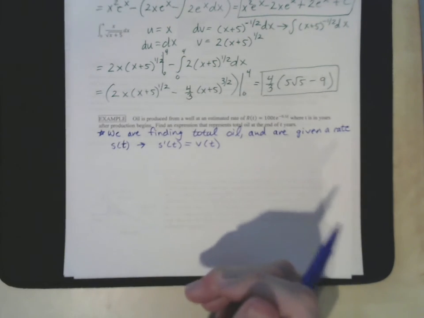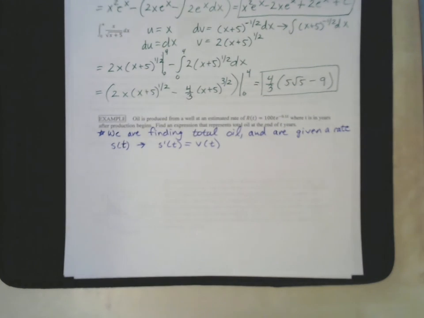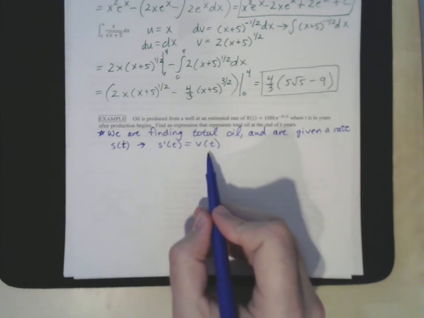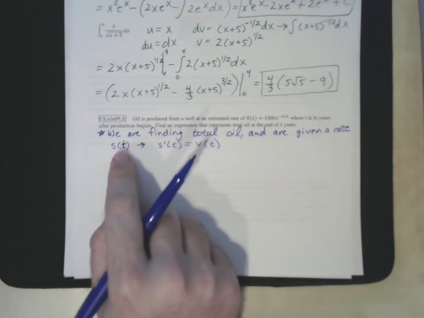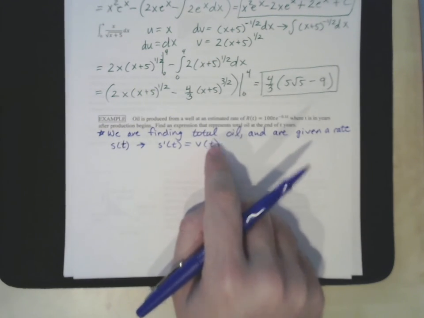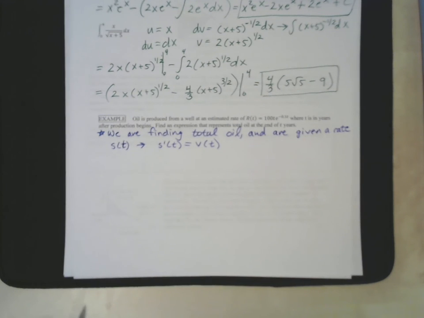Now, this can be extended to general rates of change. Remember, we extended this and we said s of t can just be any measurable thing. It's a quantity. The rate of change of that quantity is then the derivative. So we want the quantity, we want s of t, and right now we have v of t. Or in our case, we have r of t.